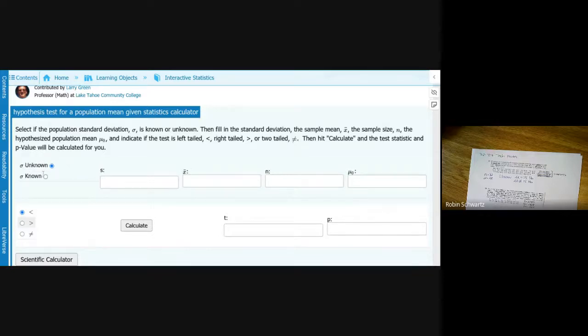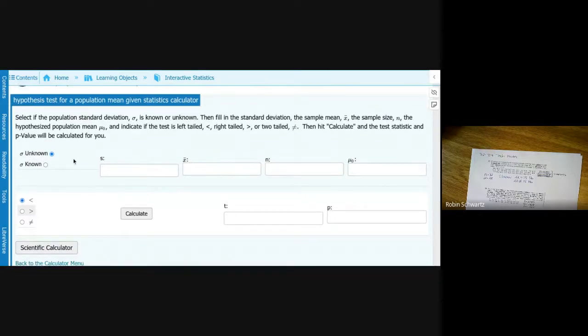I wish this had said T or Z. Because the sample size is 32, we want this to be a Z. If you look on this screen right now, it says T down here, and it's T when you have the sigma unknown checked. With sigma known, it switches to a Z. Even though we don't know this sigma, I wish he had labeled these differently. So just pay attention to which one's clicked and then look down in the box here to see whether it's Z or T. I know I want a Z, so I'm going to have this bottom one checked.